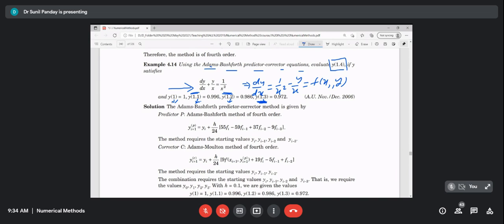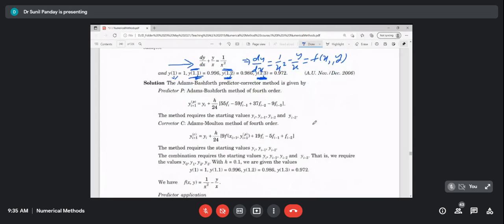So either we have to use Euler's method, Runge-Kutta method, or Taylor series method to first get these three values y1, y2, y3. And then we have to calculate y4, which is y at 1.4.